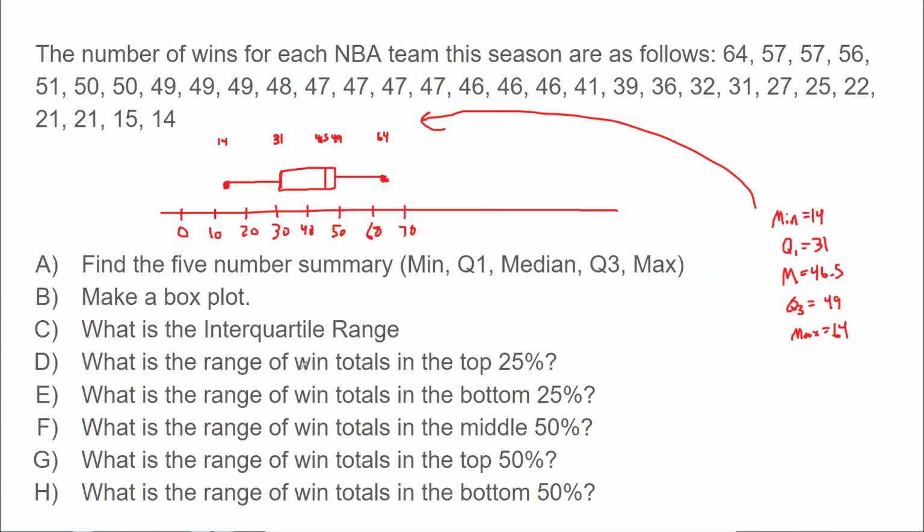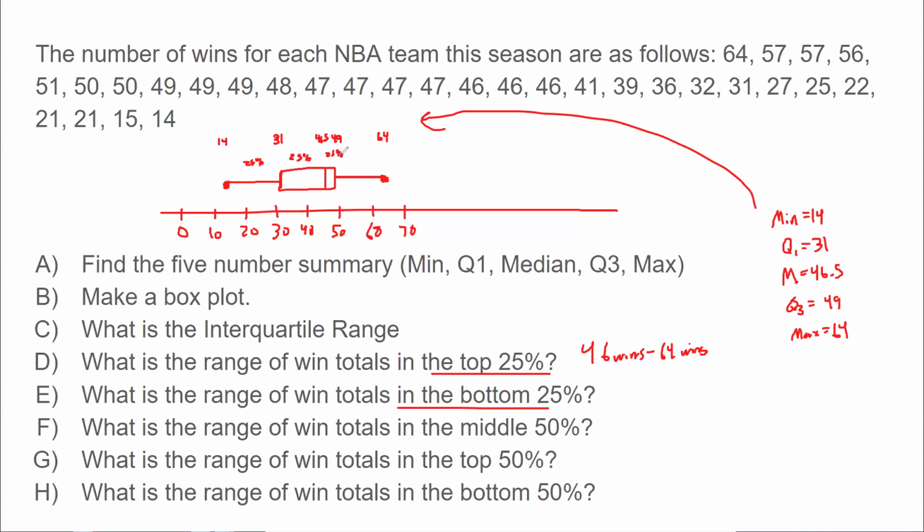All right, what is the range of win totals in the top 25%? So that's right here, which is 49 to 64. 49 wins to 64 wins. Okay, bottom 25%, so that'd be 14 to 31. Remember, all of these are 25%.